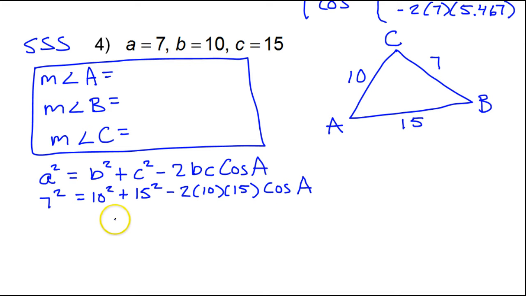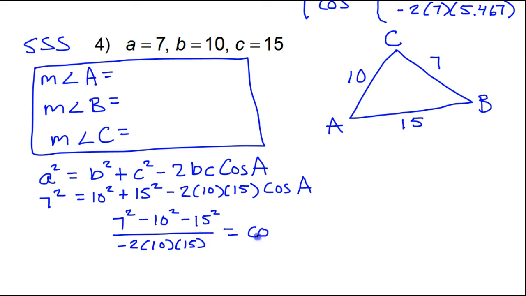So if I do that, there's my 7 squared, now I'm subtracting these 2, so that's going to be minus 10 squared minus 15 squared. Now I'm going to divide by this part in the front, so divided by negative 2 times 10 times 15. Alright, so that is going to give me the cosine of A.